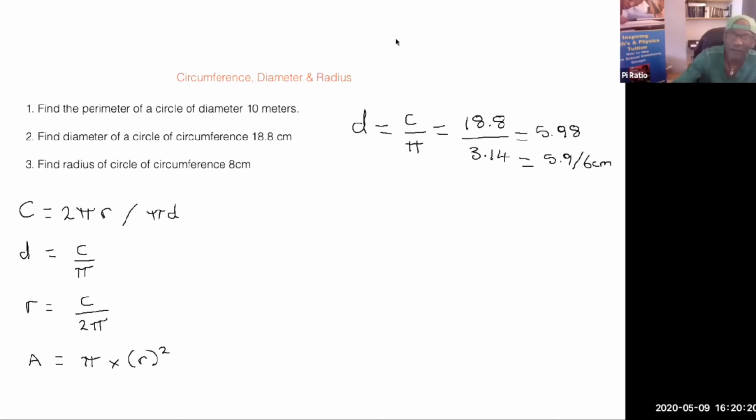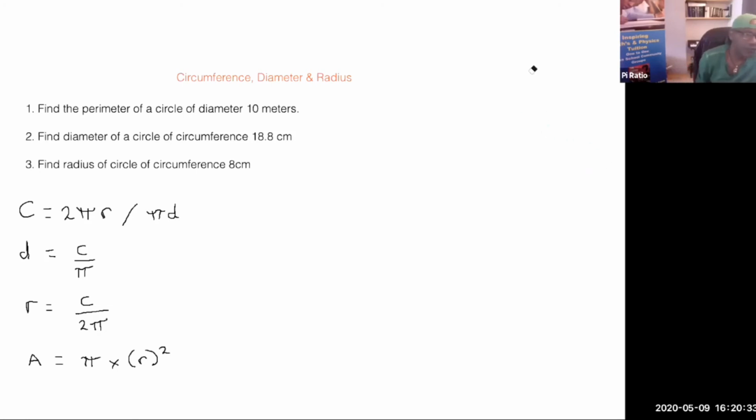So now we just clear the board there, and then we will have a look at radius. So if radius question, if I want to find the radius of a circle of circumference of 8 centimeters.